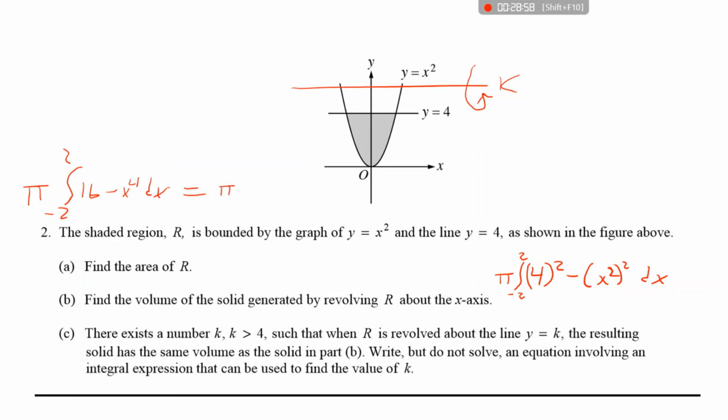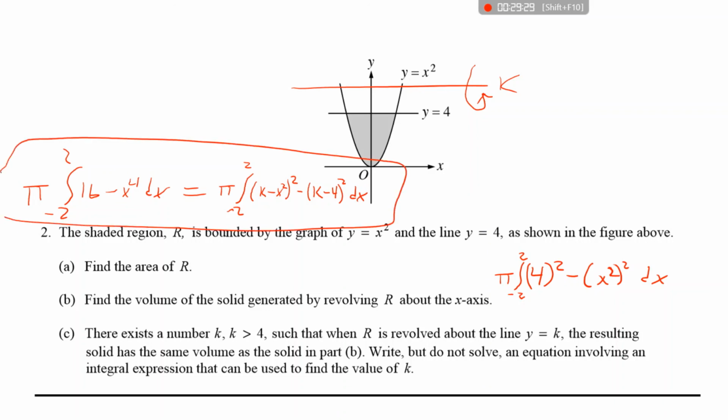So my shell method looks like pi times the integral from negative 2 to 2 of k minus 4 is my inside function, and then k minus x squared is my outside function. Okay, so that's the expression I would use. It said write but do not solve, so I don't have to solve it.